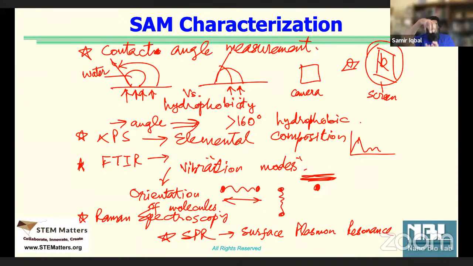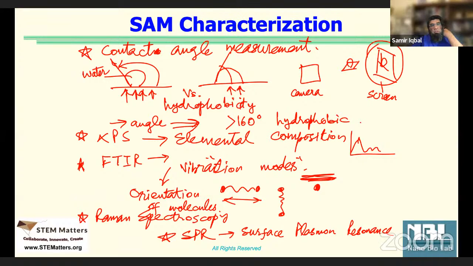They could be vibrating like this, if that's the orientation, or vibrating sideways. So those vibration modes tell us the orientation of the molecules, right? We direct radiation in the infrared, and we measure the absorption of the radiation, and that tells us the changes in the vibration energy of the molecule.